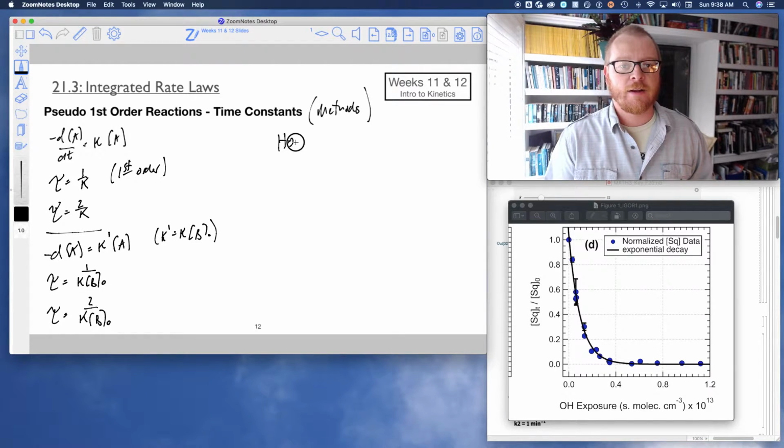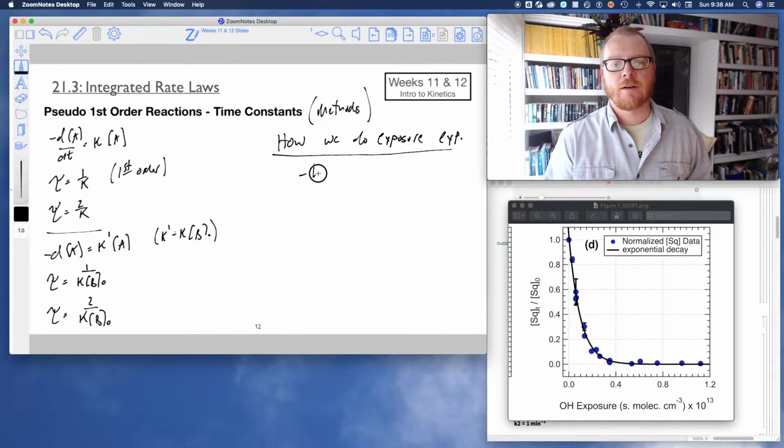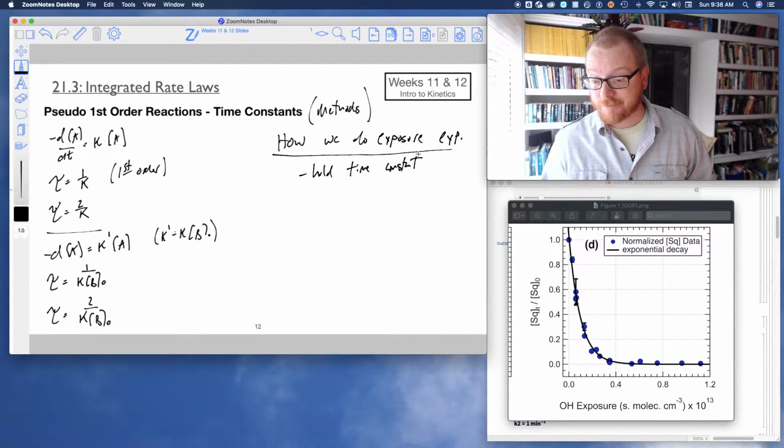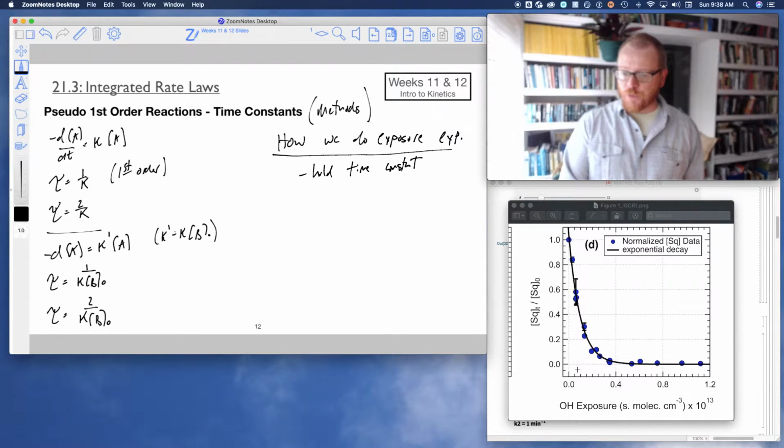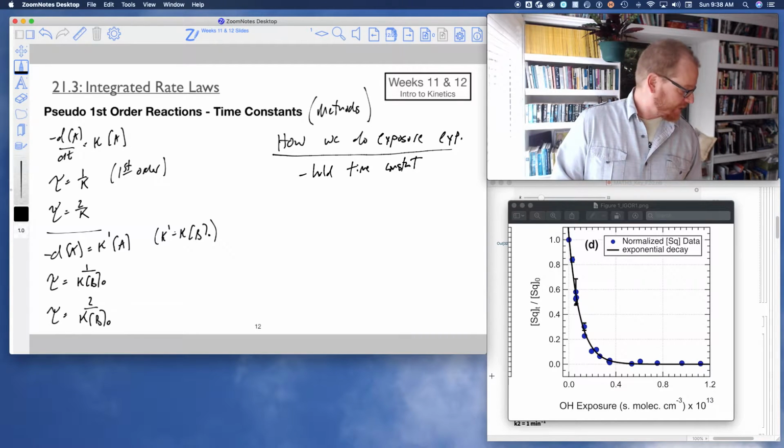So how we do exposure experiments: first thing, hold time constant. If you're holding time constant, then how do you vary that x-axis?